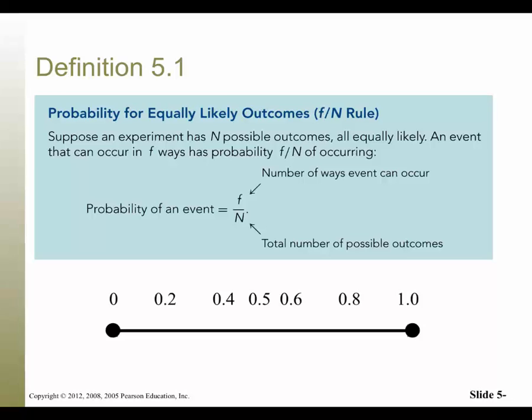Of all the possible outcomes, what's the worst you could do? What's the least number of outcomes you could have? 0, right? So 0 is the lowest possible probability. And what does 0 probability mean?